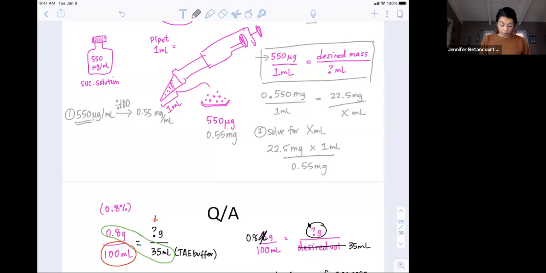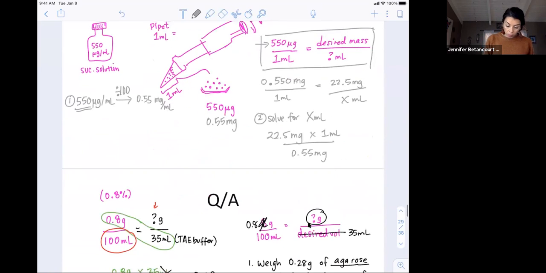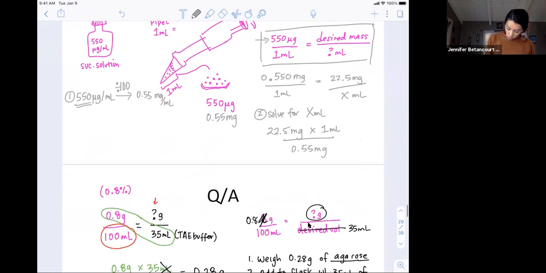Let me do that real quick. Okay, so yeah. Okay, great. So you were right. Thank you. So it was 40.9 milliliters. So now I'm going to ask you the questions that I asked everyone else. 40.9 milliliters of what?